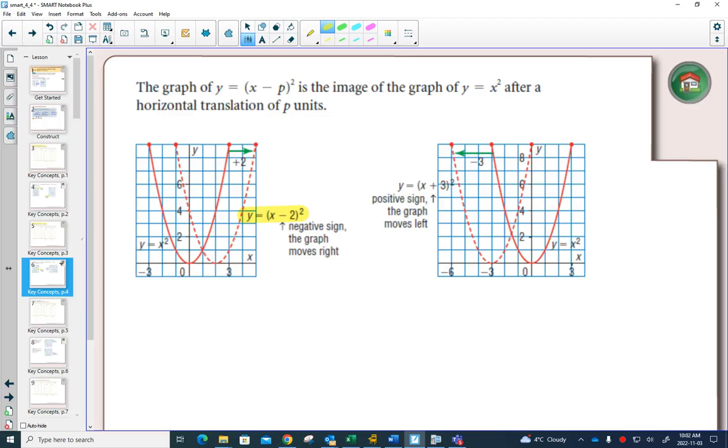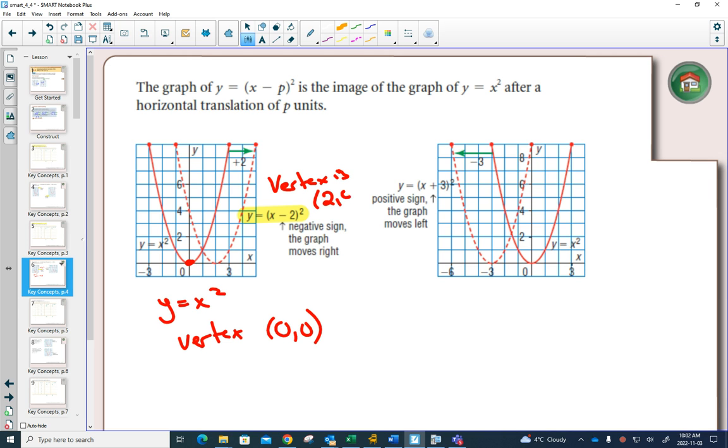And the reason for that is really easy to see if we think about the vertex. Can you see that on your regular y equals x squared, your vertex is at 0, 0. Now, I have x minus 2, my vertex is at 2, 0, not negative 2, 0.